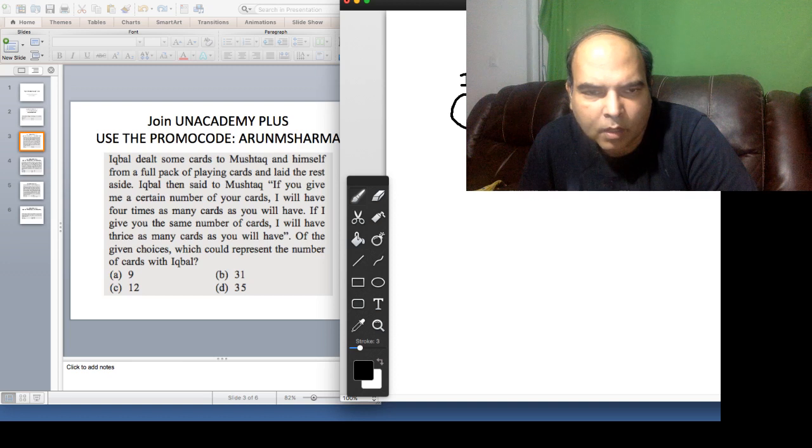And Iqbal says to Mushtaq that if you give me a certain number of cards, let's say n cards are transferred, I will have four times as many cards as you will have. So Iqbal's cards plus n should be a multiple of 4.